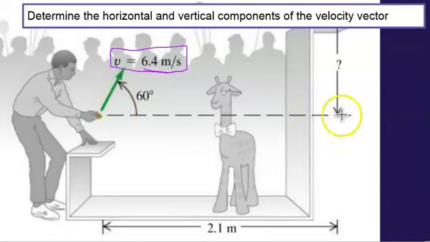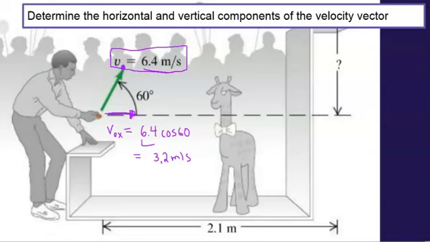So in order to eventually do this problem, we're going to need to figure out how much of that speed is over. Technically, this is going to be called V naught because that speed is going to change, right? Gravity is going to pull it down. So V naught in the x direction is going to be 6.4 cosine of 60, because this is the coastline, or because the angle that you know is making contact with this leg.